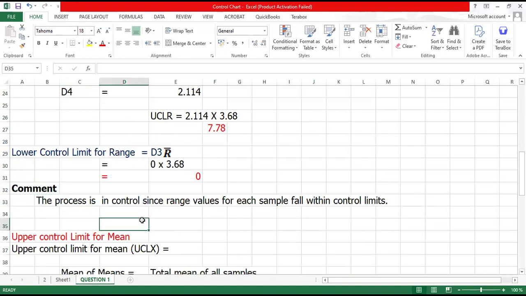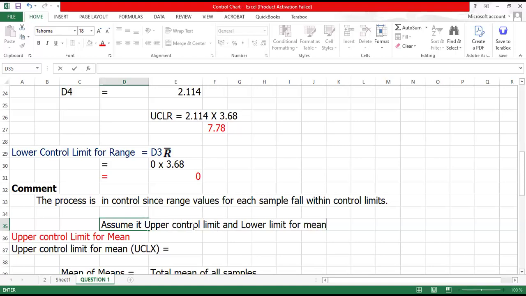Now assume the examiner wanted the upper control limit for mean and the lower control limit for mean.